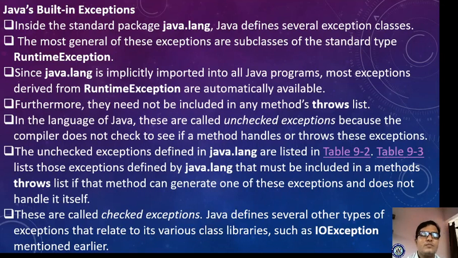In the language of Java, these are called unchecked exceptions because the compiler does not check to see if a method handles or throws these exceptions. Last time we saw throw new IllegalException; those are unchecked exceptions.